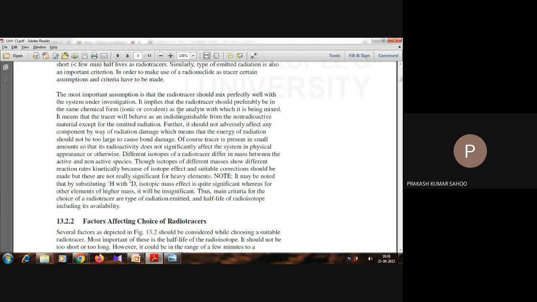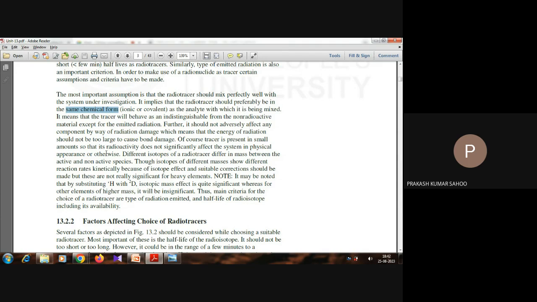It implies that a radio tracer should preferably be in the same chemical form. This is very important. If I investigate a system with an ionic bond, the radio tracer must have the ionic bond. If it is a covalent bond, the radio tracer should be a covalent compound, the same as the analyte with which it is mixed.